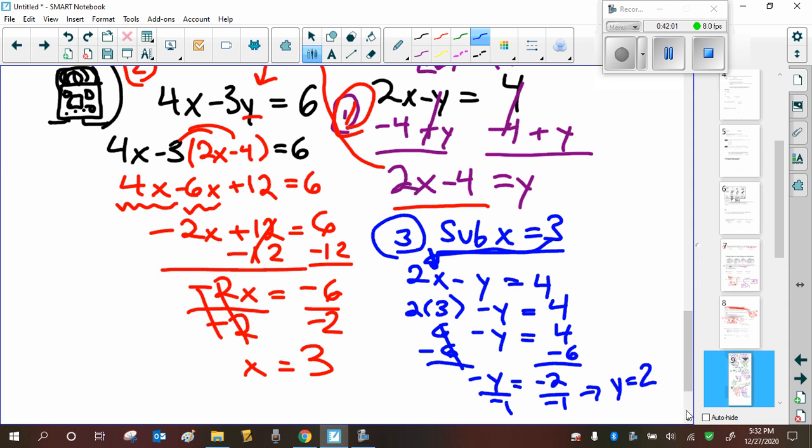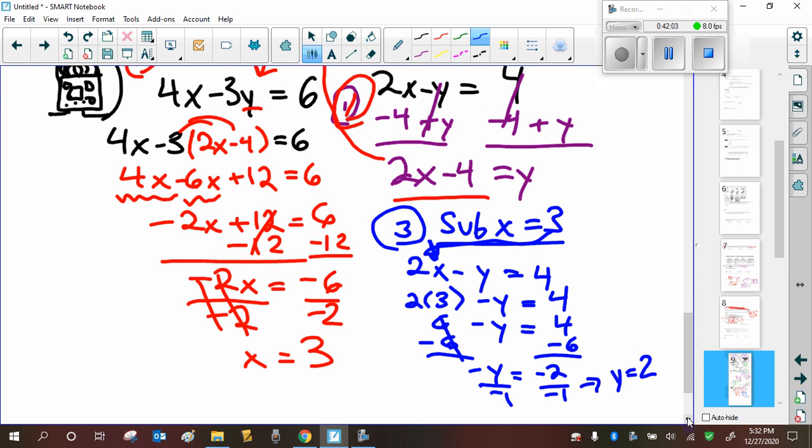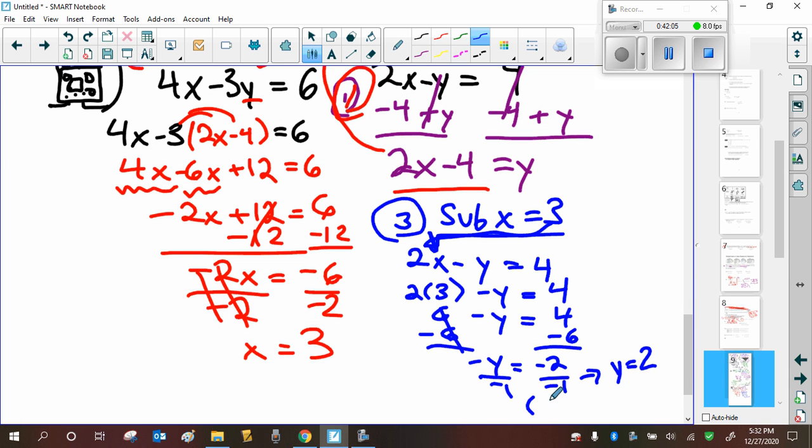I guess I can scroll up a little bit. So 3, 2 is the solution. I'm always running out of room. Does it work?